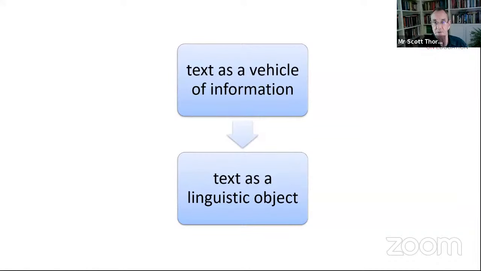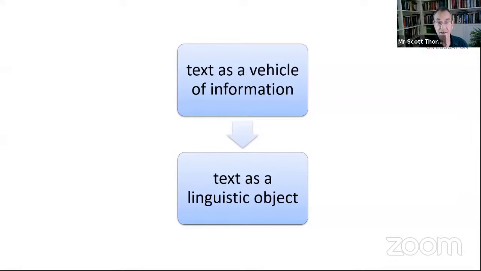What's it telling us? Yeah, what's the information in it? That's how we look at texts in the real world. But in a classroom, we can also look at the text as a linguistic object. We can look at the language in the text. And there's a logical progression from text as a vehicle of information to text as a linguistic object. And that's the kind of progression that I want to demonstrate today.